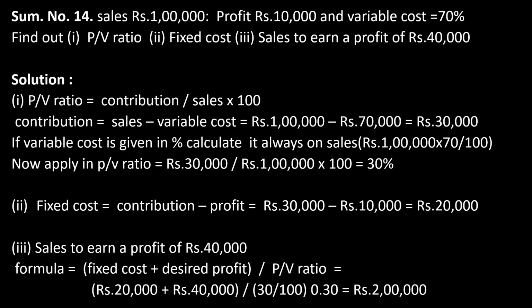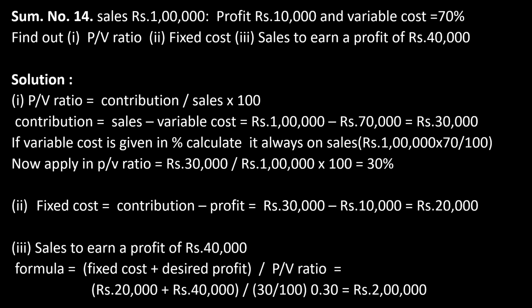Now contribution will be 1 lakh minus 70,000, which will be 30,000. My PV ratio will be contribution by sales into 100. That is 30,000 by 1 lakh and 100 will give me 30%. My first question is over now.